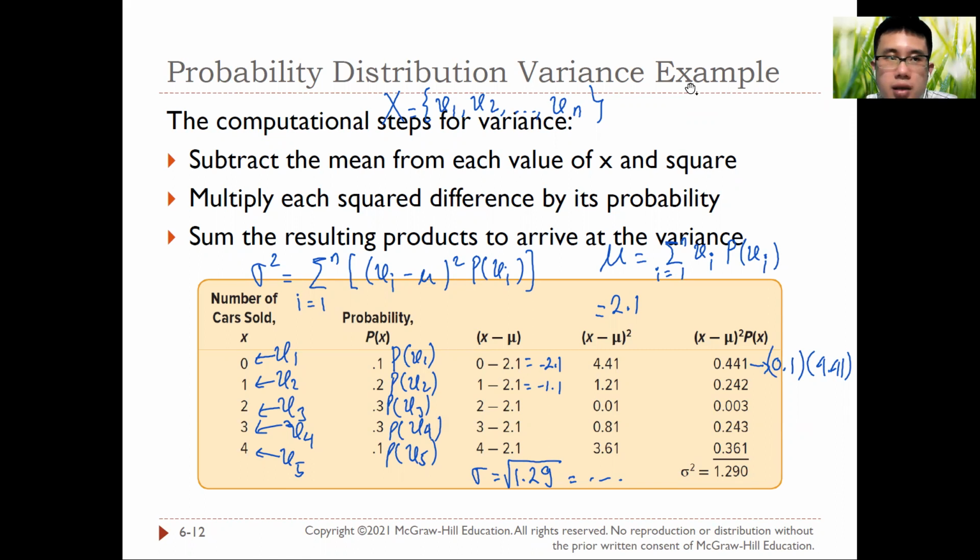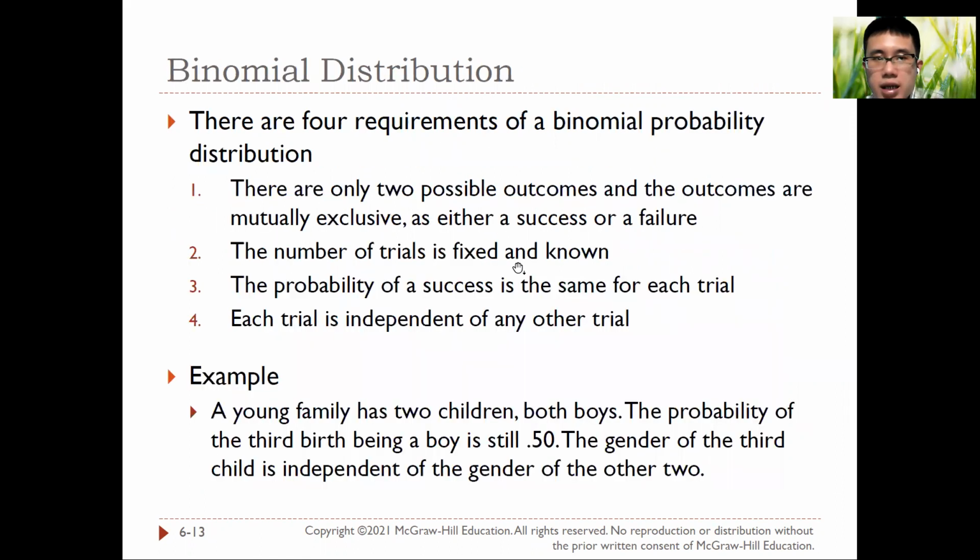Okay, we have done with our first section, and next we will go to the types of discrete random variables. In this video, we will talk about 3 types. The first type is the binomial distribution, and the next is hypergeometric, and the last is the Poisson.